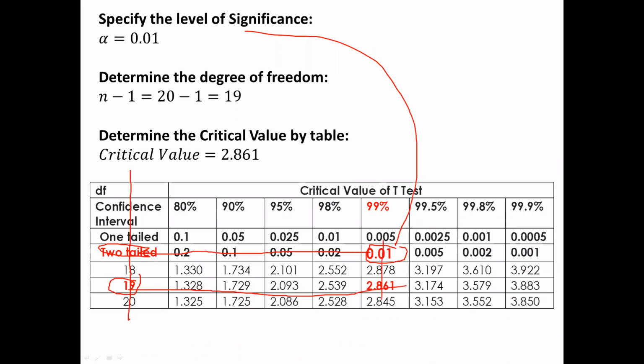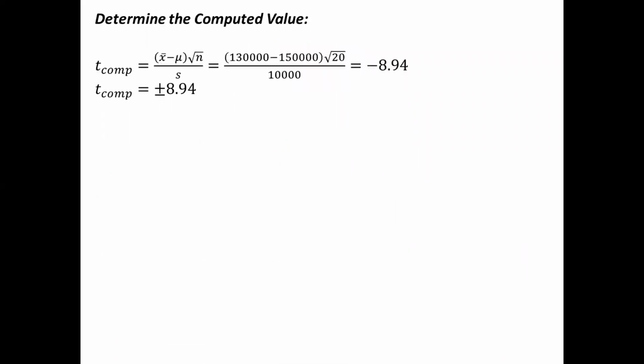Dito sila nag-connect. 2.861. So we already have a critical value of 2.861. Okay? Since alam mo na yung critical value in the table, dyan pa lang papasok yung right time na mag-compute ka ng computed value. So computed value, we got it negative 8.94.